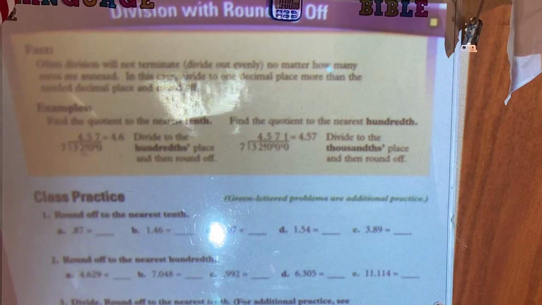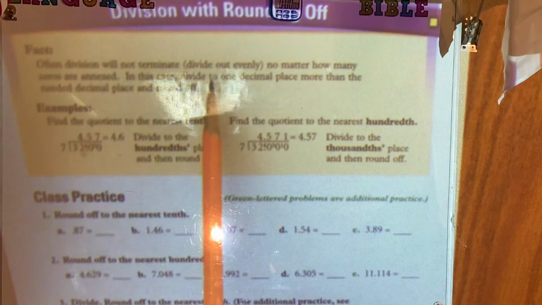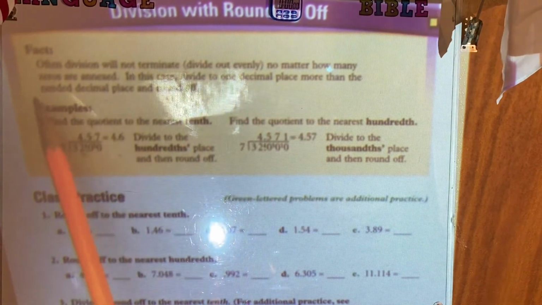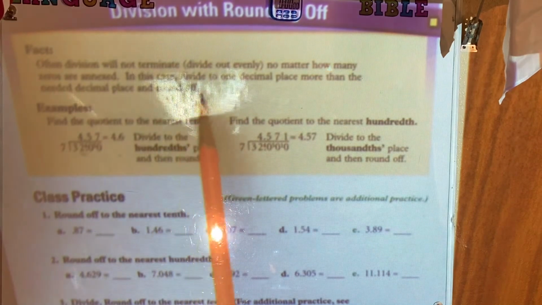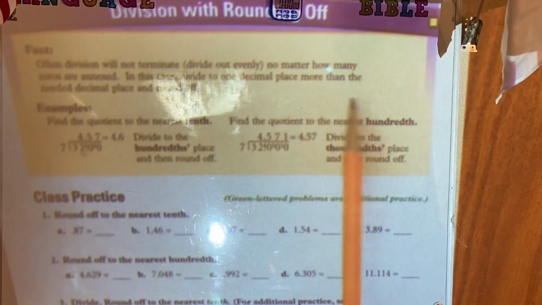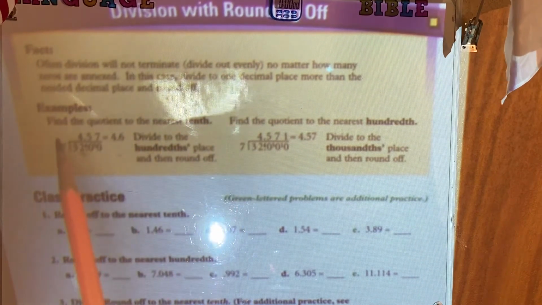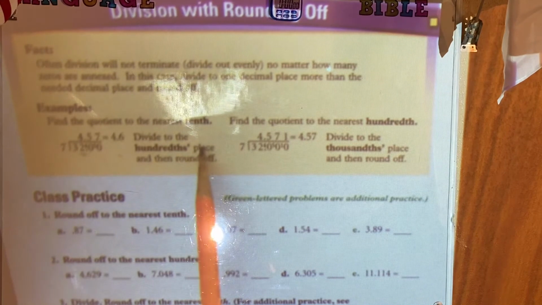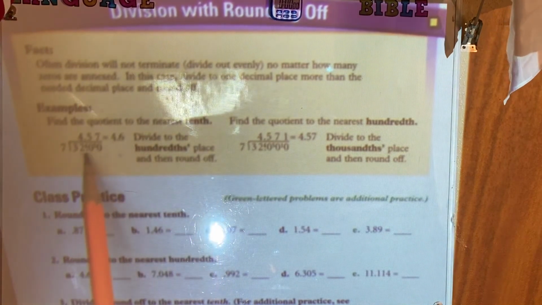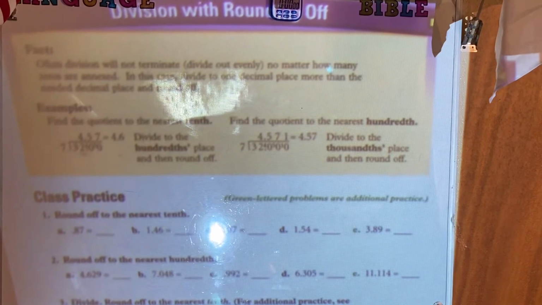Okay, it says, often division will not terminate, which means it does not divide out evenly no matter how many zeros are annexed or attached. In this case, divide to one decimal place more than the needed decimal place and round off. It says find the quotient to the nearest tenth. We already know that the nearest tenth is the number after the decimal.